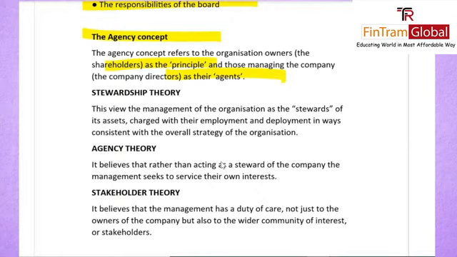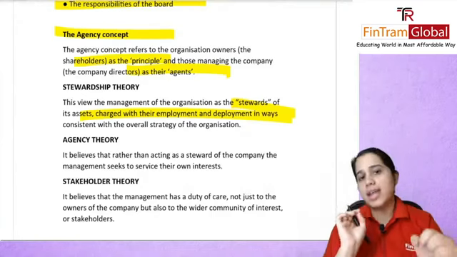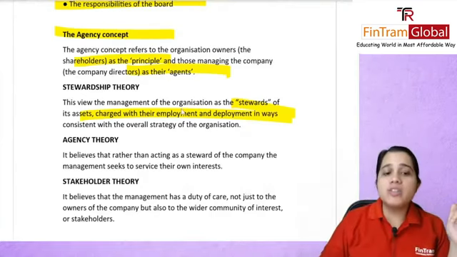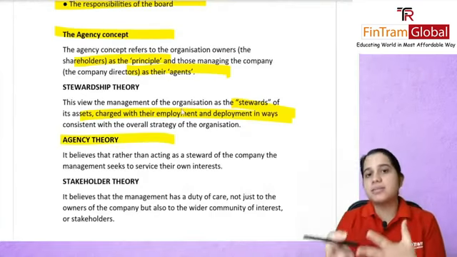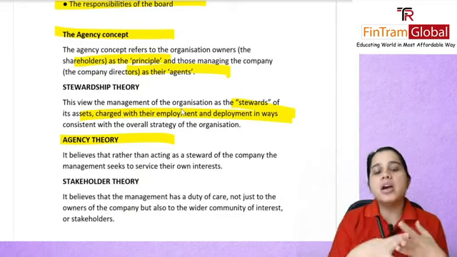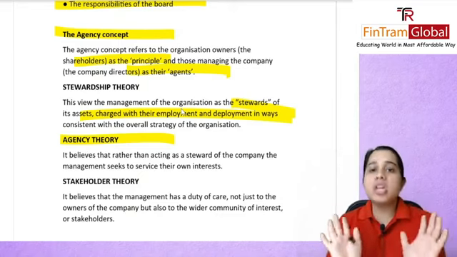Stewardship theory was basically that your management acts as stewards of the asset. They will decide how it's going to be used, in ways that are consistent with the overall strategy of your organization. You have your agency theory, which says that rather than acting as the steward of the company, management is seeking their own interests.